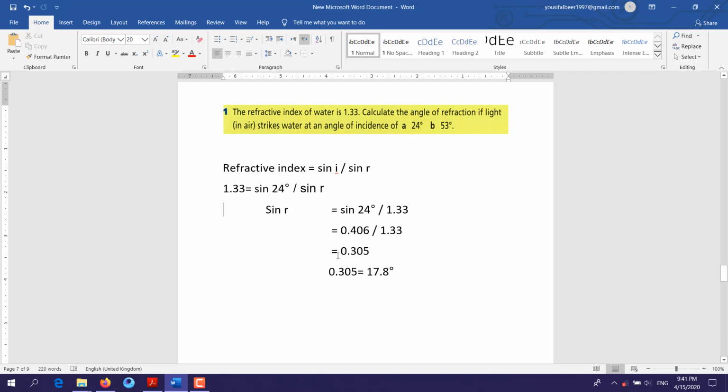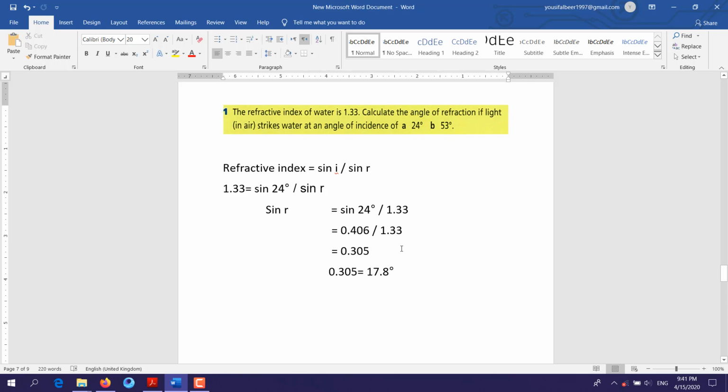Now, again by using the calculator, you convert this number into a degree, and you will find that 0.305 is equal to 17.8. So, when the incidence angle is 24, the refraction angle is 17.8. So this was the answer for A.